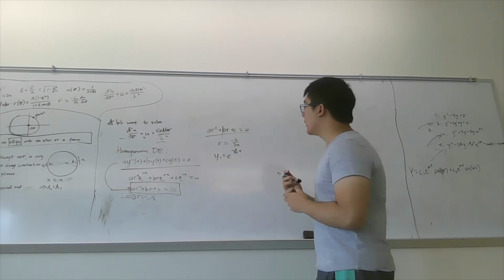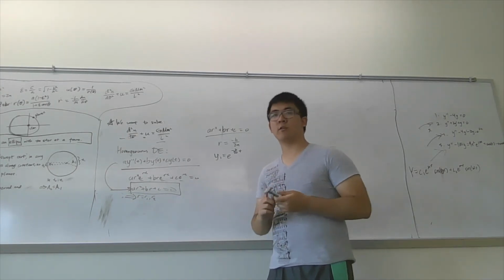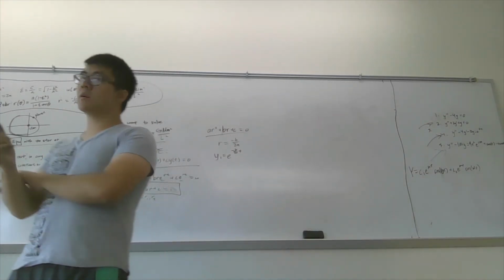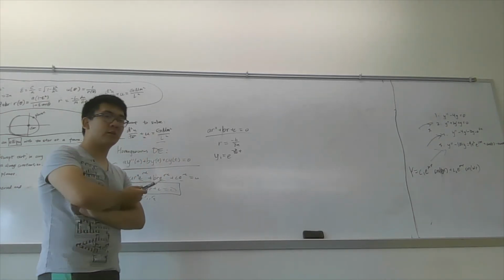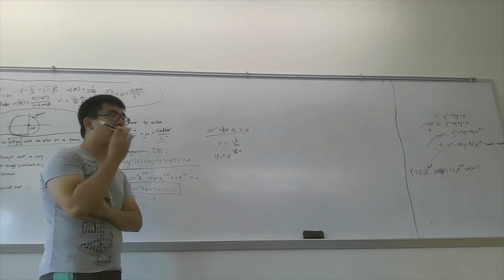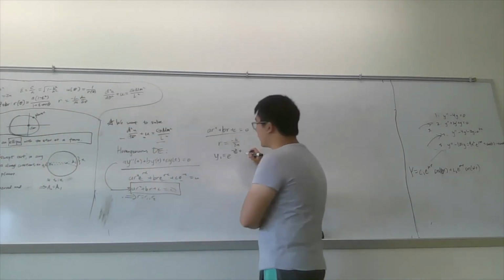And to do this, we're going to use a technique called reduction of order. Usually you use reduction of order to find solutions to second order homogeneous differential equations that have non-constant coefficients, but we can also apply it here.